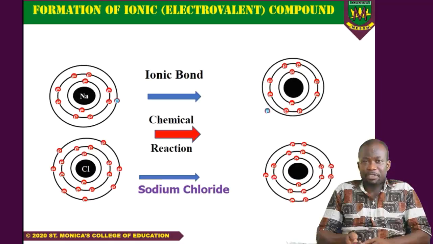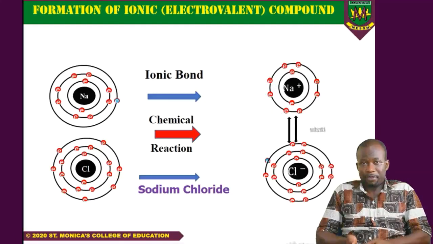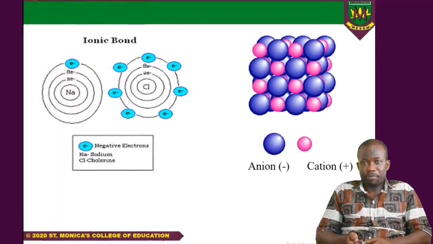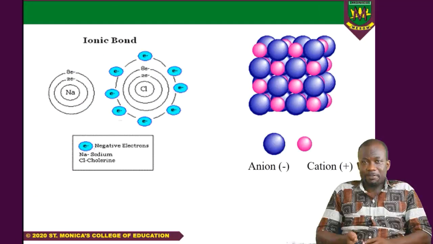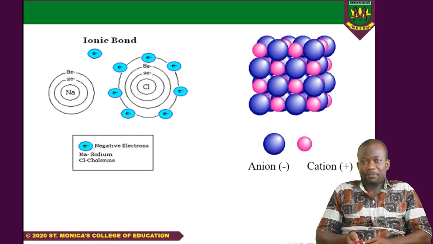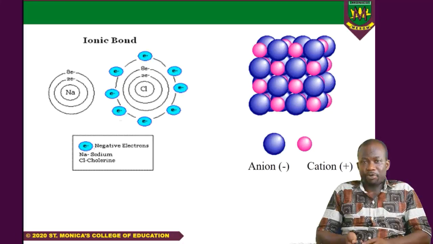That will make it stable. And then the chlorine will also have 8, and the 2 of them will be stable, and then they form the compound. So as you see in the diagram, this is sodium. Now look at what is happening. You realize that the electron on its last shell, it is giving that to the chlorine.